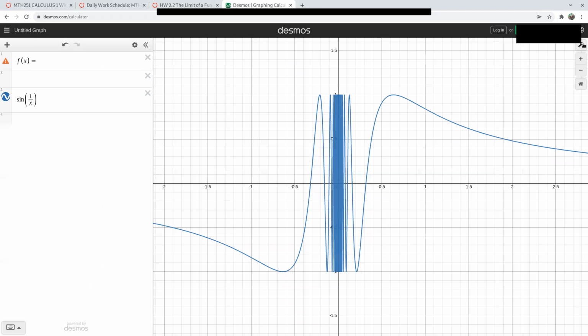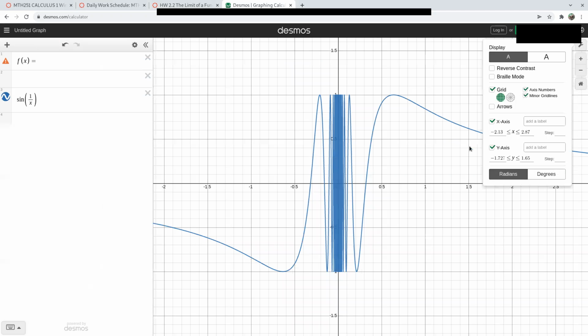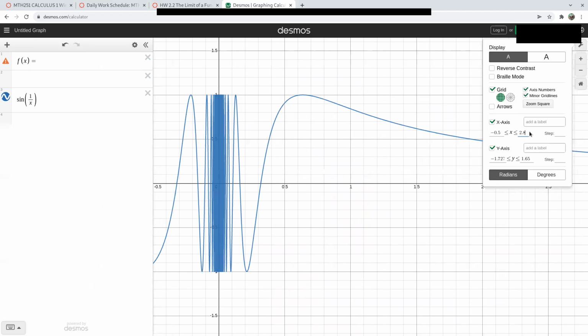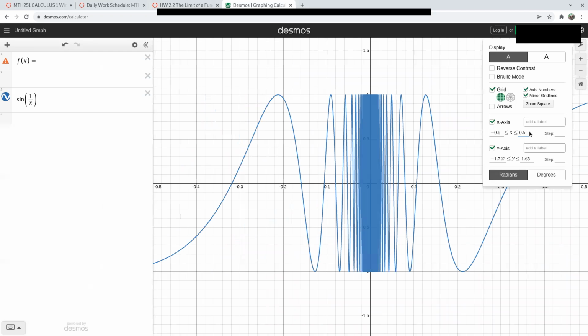So if I just zoom in from, say, 0.5 to -0.5, the more I zoom in, it's just going to keep oscillating more and more.